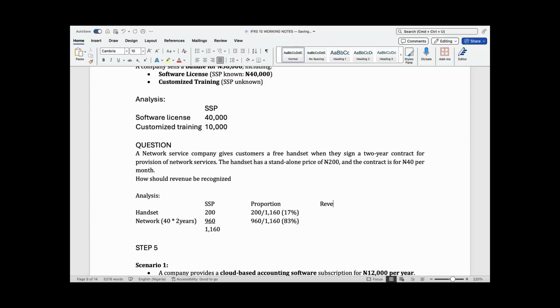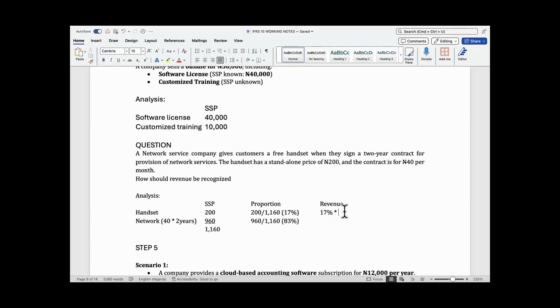So the revenue we will recognize, this will be 17% times what? Times 1,160? If you do that, I'll come back to 200.